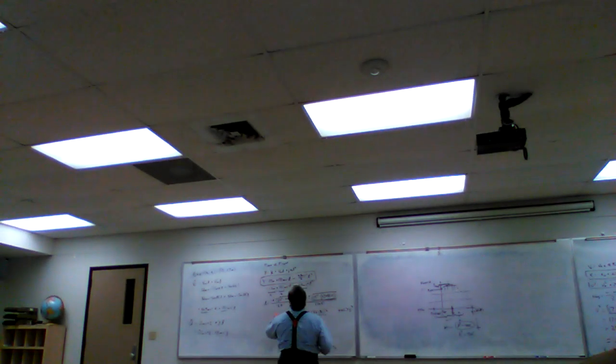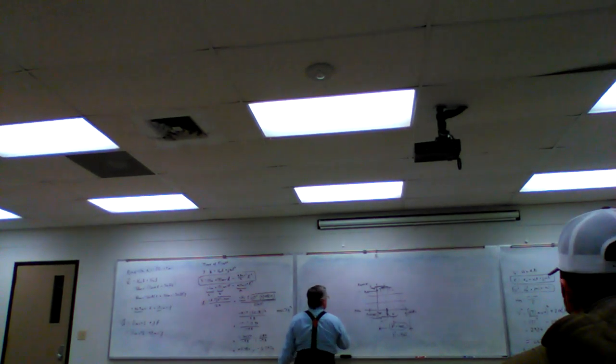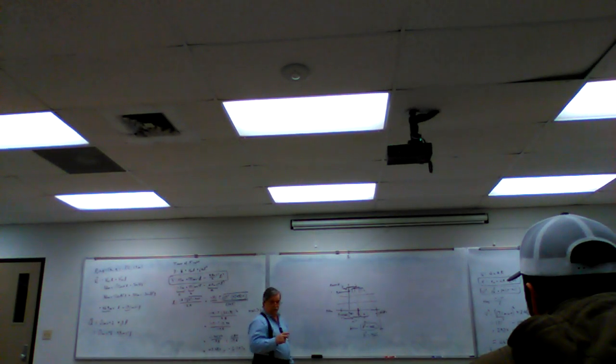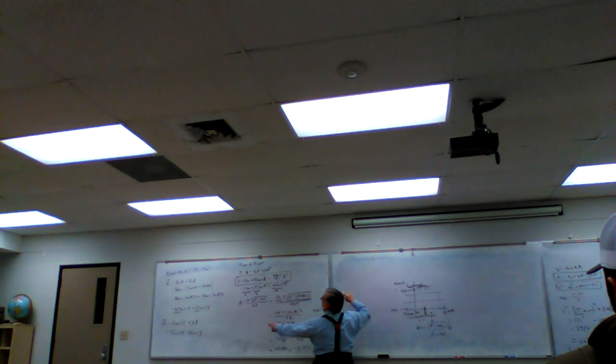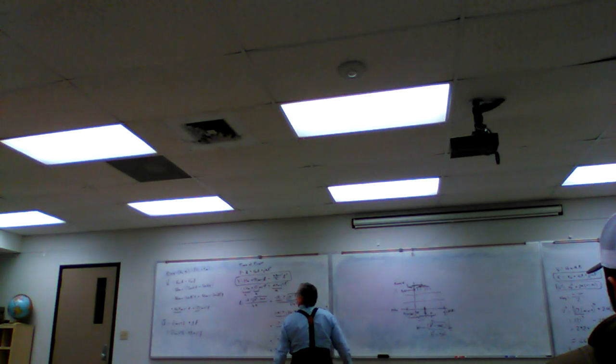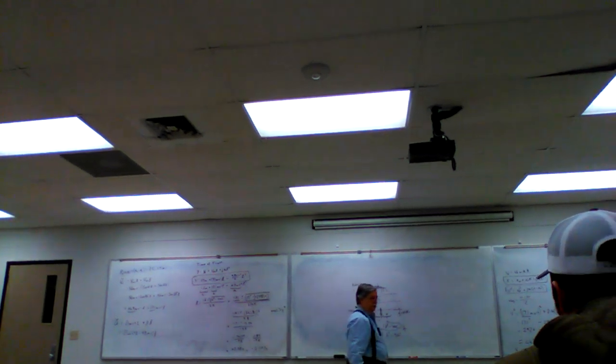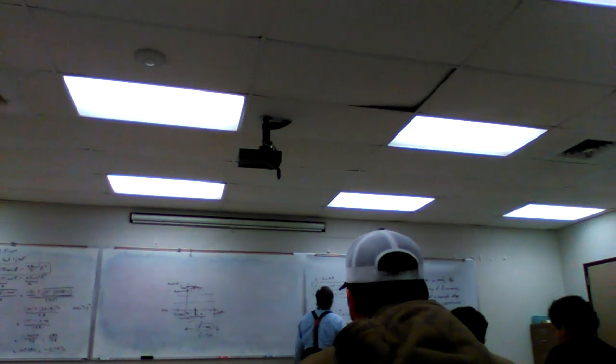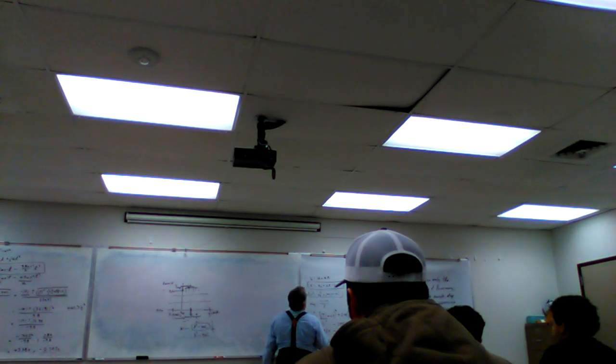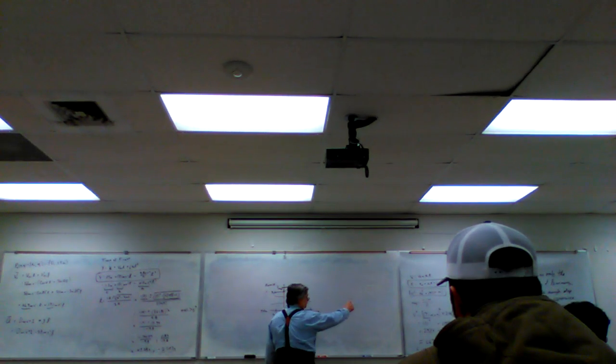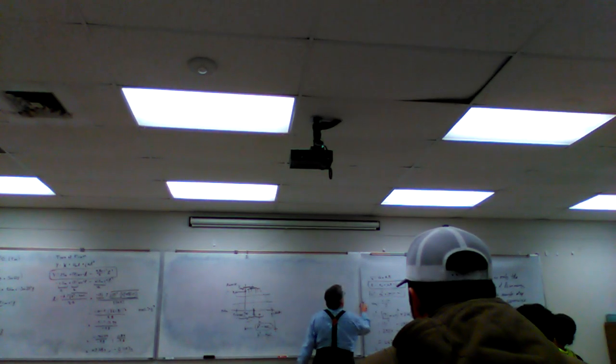So, we now look at our horizontal component of our motion. And our horizontal component of motion gives us a 46.9 meters per second initial velocity. So let's stick with what we know works. We've got x.